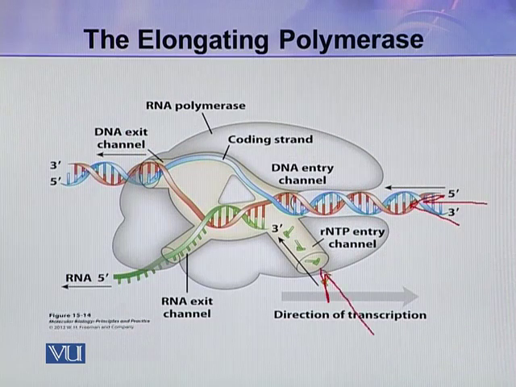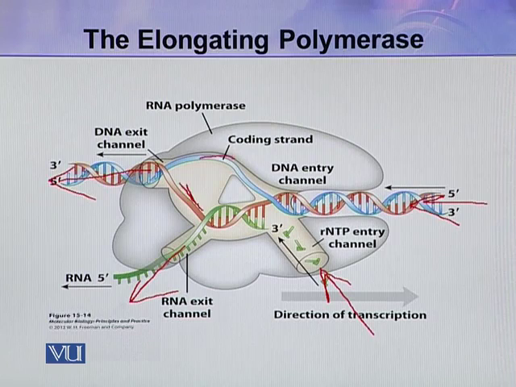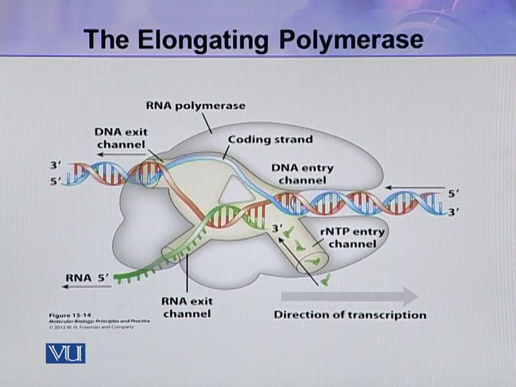This is the point of entry of ribonucleotides. This is the exit point for newly synthesized RNA, and this is the exit point for double-stranded DNA, while these two are exit points for single-stranded DNA molecules. So this is the structure of the polymerase.